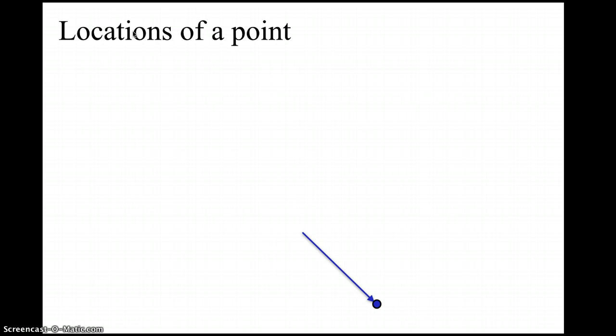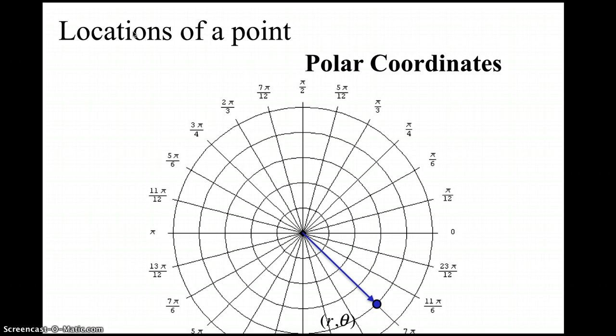Another way to describe the location of this point would be to use the polar coordinate system. The location in a polar coordinate system is given with reference to r, which is the radius of a point from the origin, and theta, which is the angle between the x-axis and the radius.